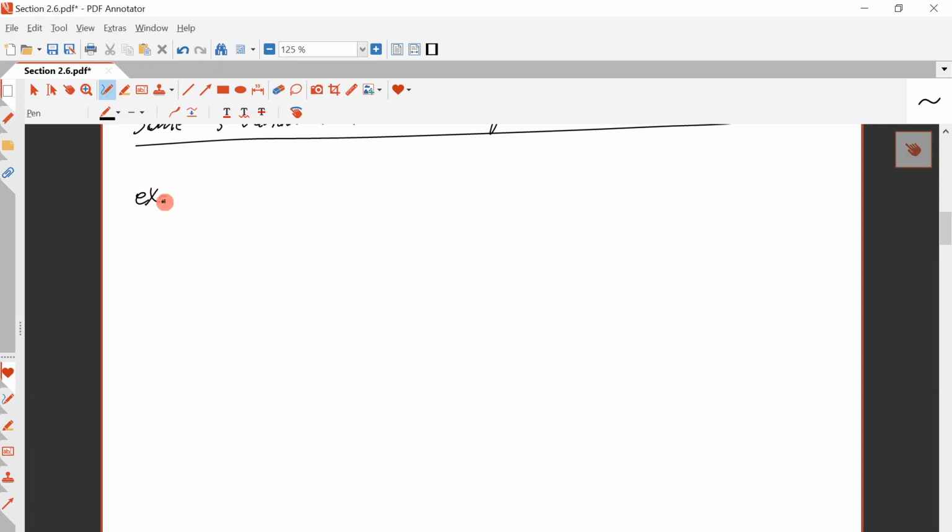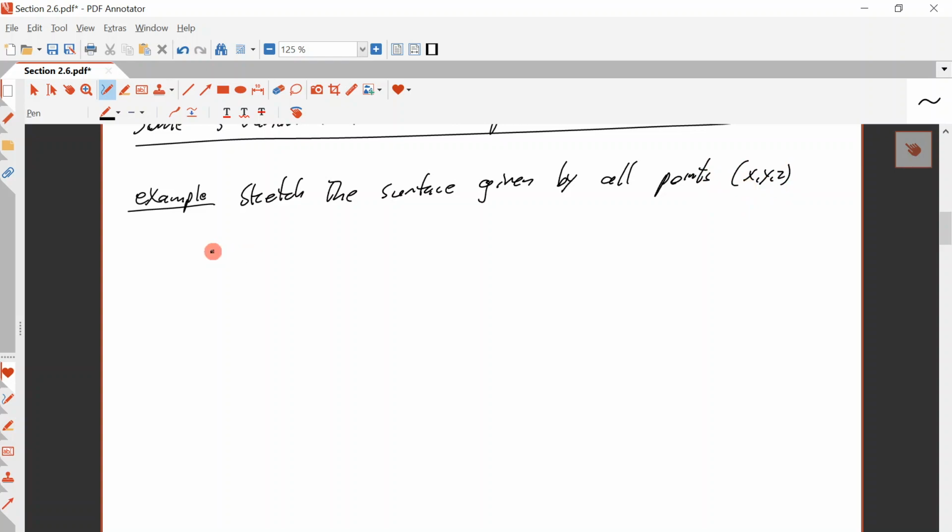So, for example, okay, let's sketch the surface given by all points x, y, z, satisfying the equation x squared plus y squared minus z squared equals 1.